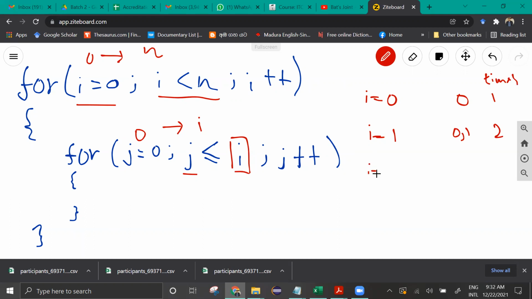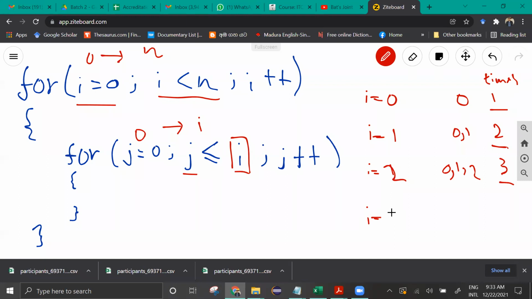Then when i is 2, j is 0, 1, 2. That means 3 times, the inner loop is running 3 times.